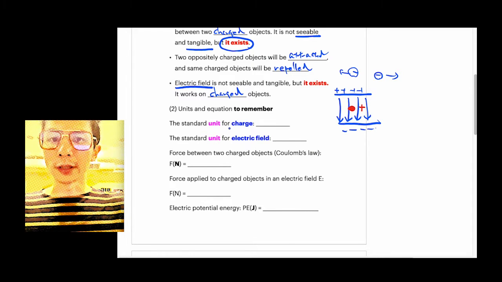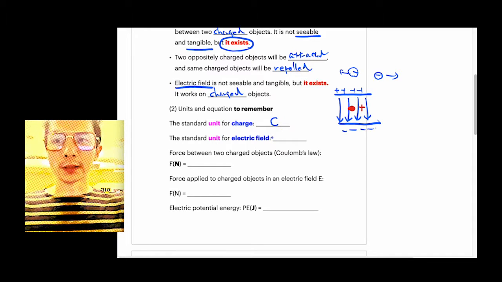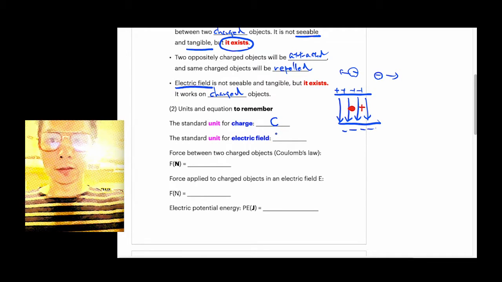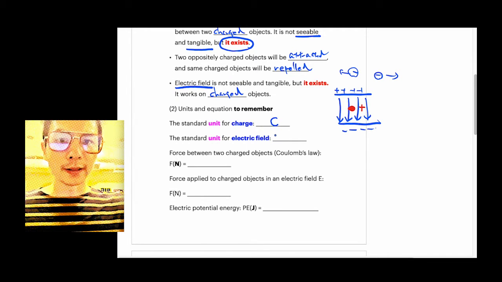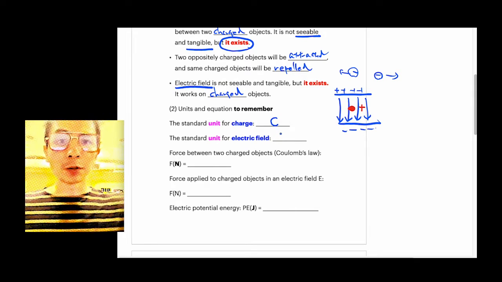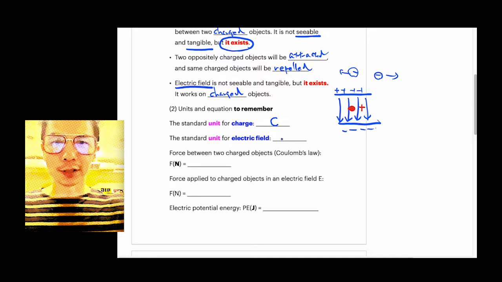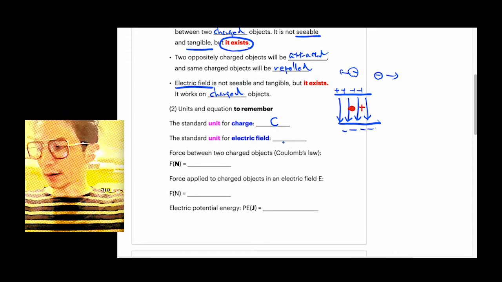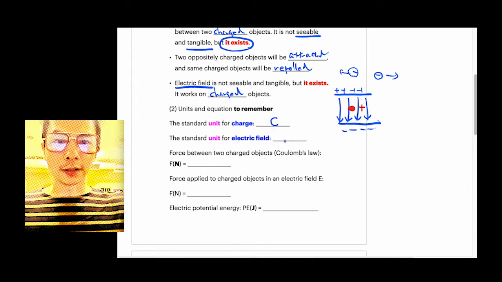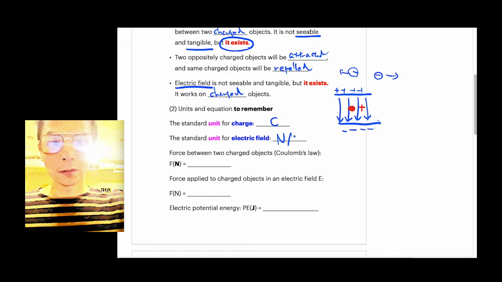The standard unit for charge is the Coulomb. The standard unit is important. You use kilogram or meter as standard units, but when it comes to charge, the Coulomb is the standard unit. And the unit for electric field can be written as Newton per Coulomb.